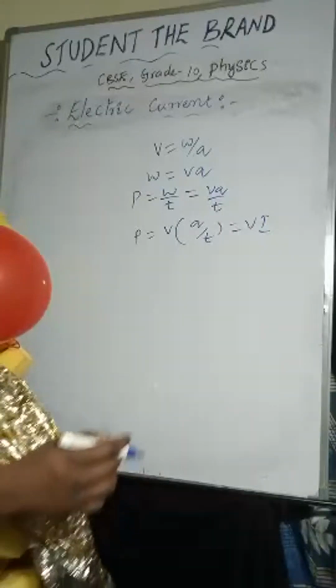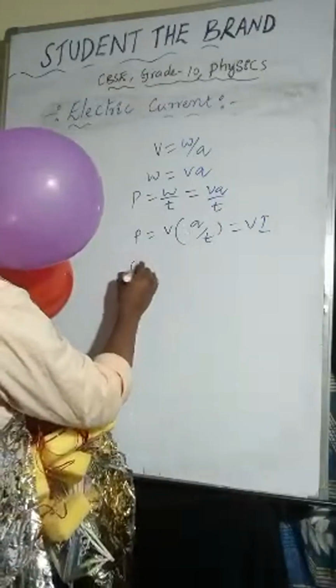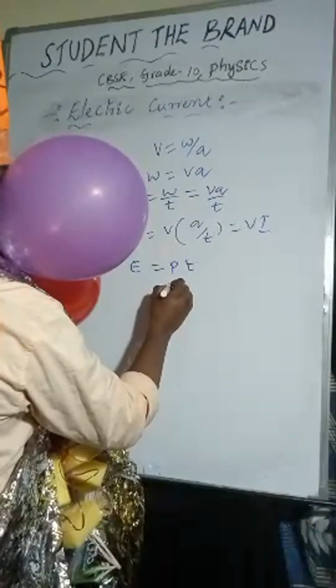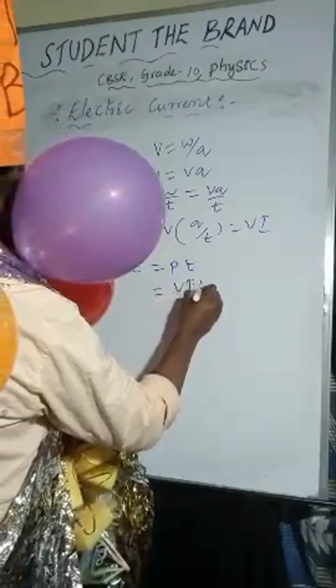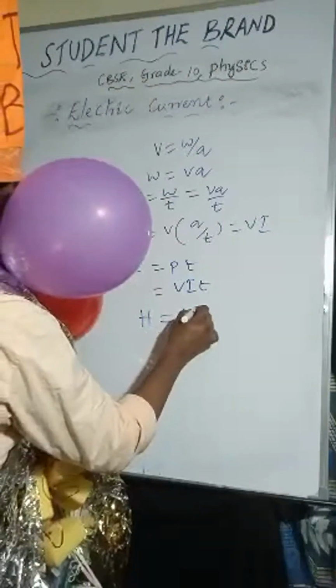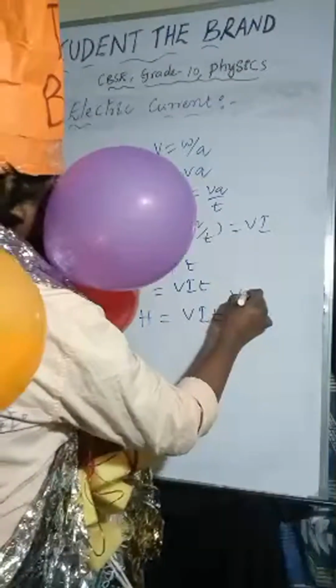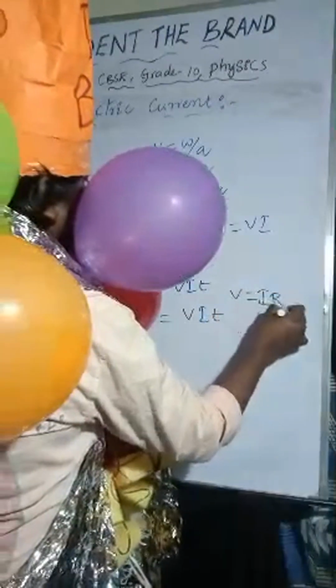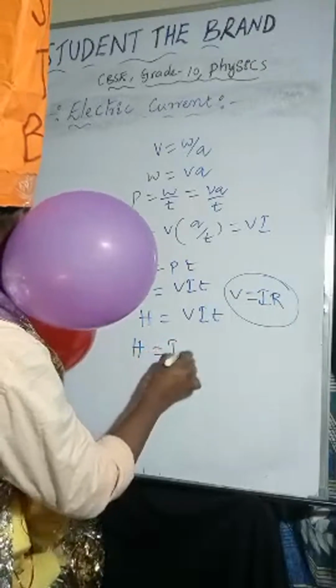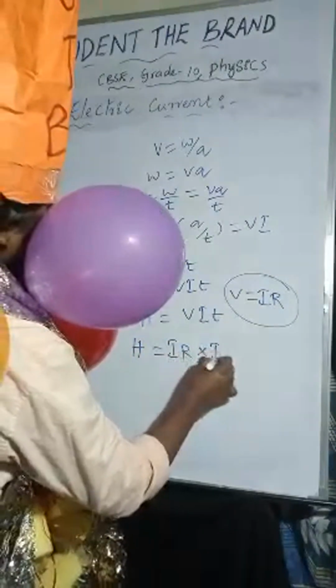Then we can say E equal to P into t, that is VI into t. So H equal to V into I into t, V equal to IR. So H equal to IR into I into t.